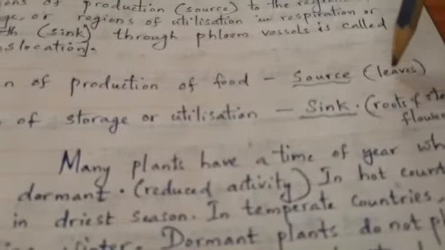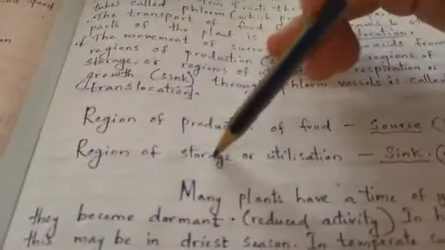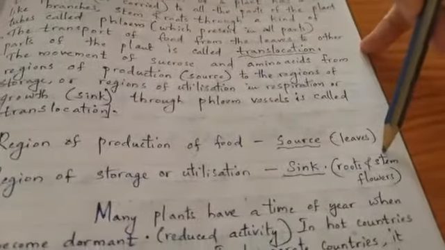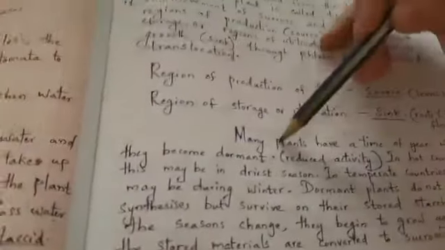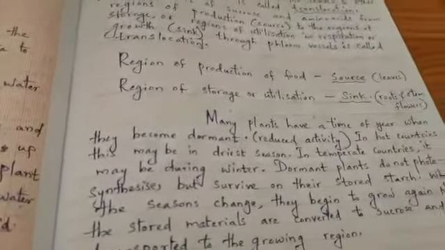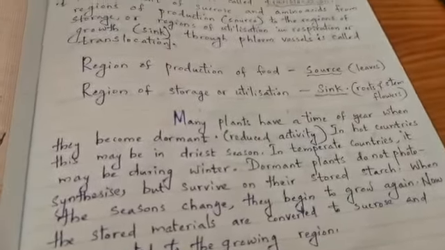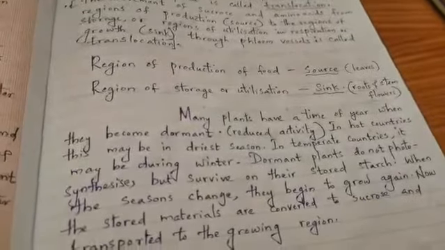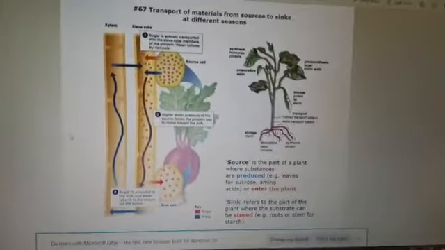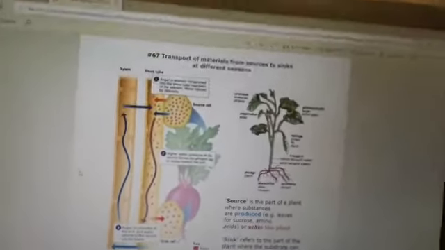In normal conditions it's the leaf, and the region of storage or utilization is roots, stem or flowers. But sometimes, as per the changing of seasons, the source and sink also will change.